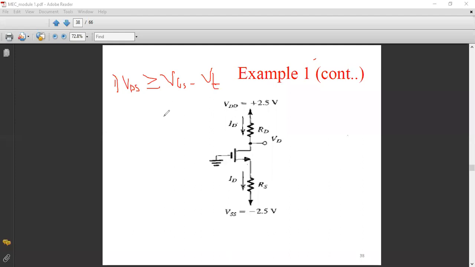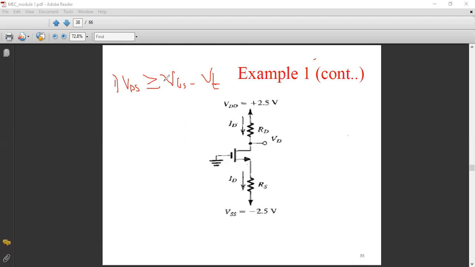I hope you are remembering the graph, whatever we have drawn earlier. The graph showing the triode region and the saturation region. That is the drain characteristics curve. So when the drain voltage is greater than or equal to VGS minus VT, then pinch off is initiated, right? Then the channel becomes pinched off, and as a result, the drain current becomes saturated.